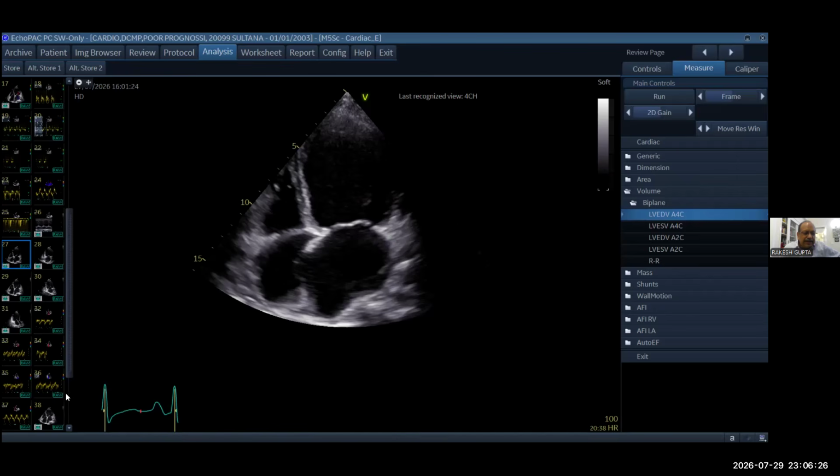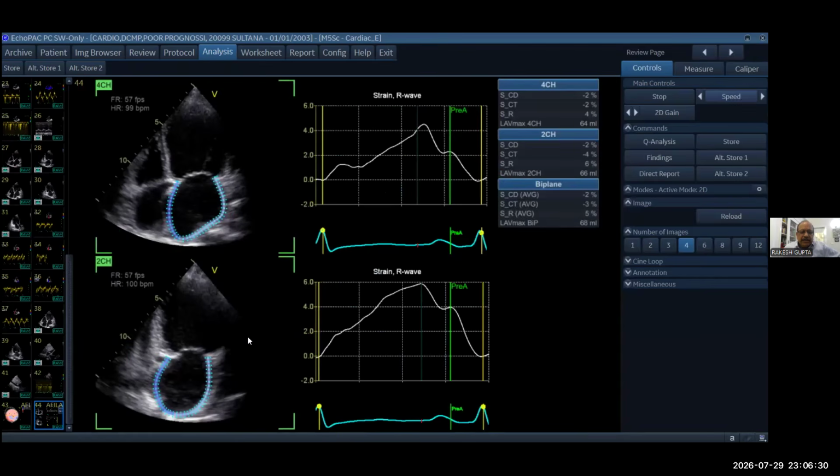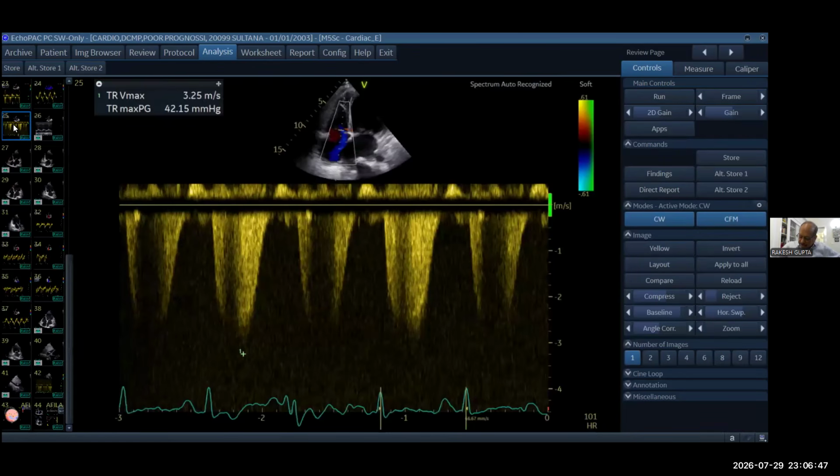Then I've calculated LA strain also in this patient. My LA reservoir strain is plus 5. So it could be one of them. And then TR jet velocity was 3.25.